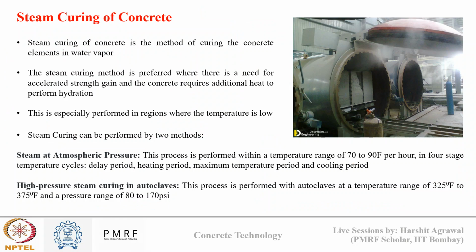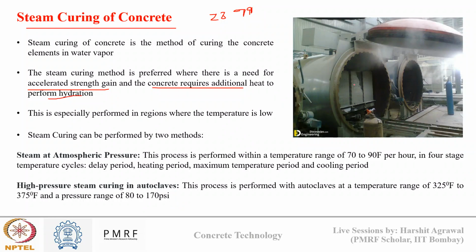Now, sometimes one may require rapid strength gain. With normal curing, 20 days minimum are required to achieve up to 99% strength gain. But suppose I need strength gain at a faster rate, then I need to go for steam curing. Steam curing is used for accelerated strength gain, and it requires additional heat to perform hydration.